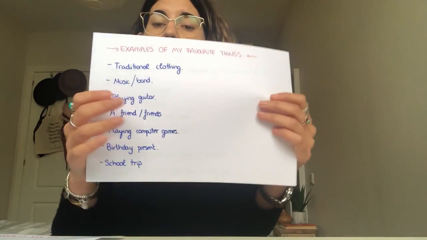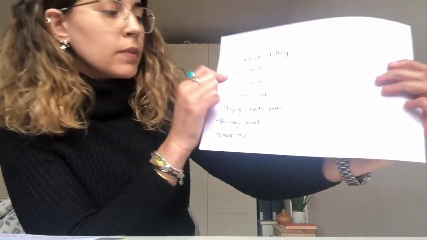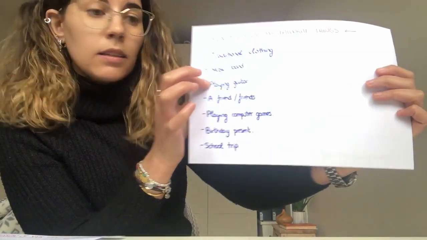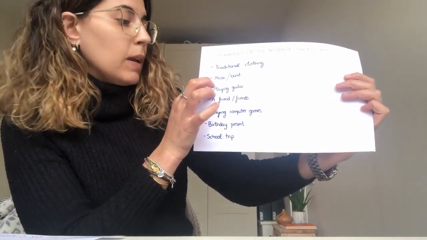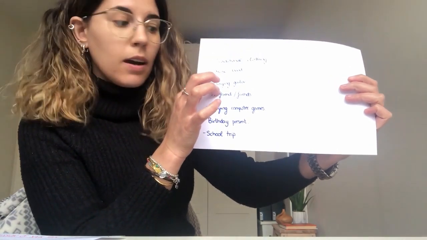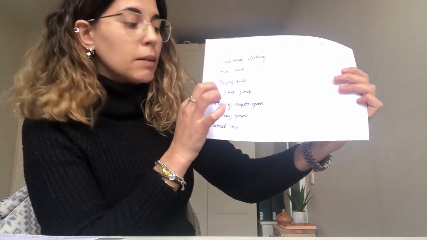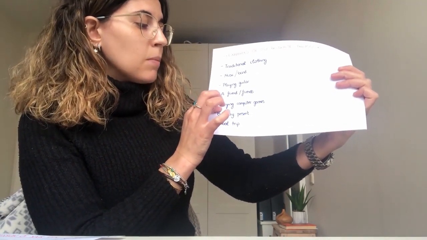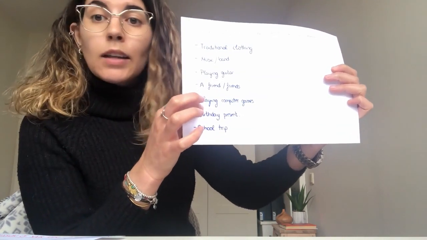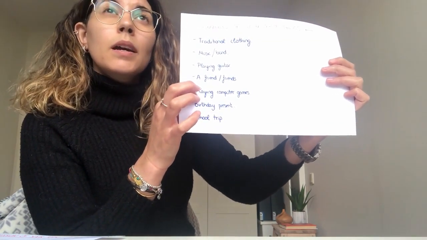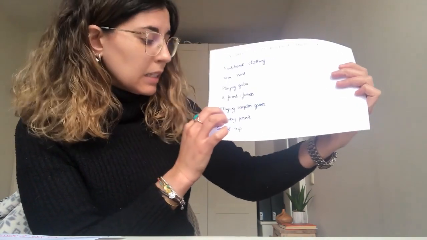I have some of them in here. For example, traditional clothing, music or bands, some instruments that you can play, like playing the guitar or the piano. Write about a friend or some friends, some games or computer games that you play, or you play with the PlayStation, some video games or something like that.